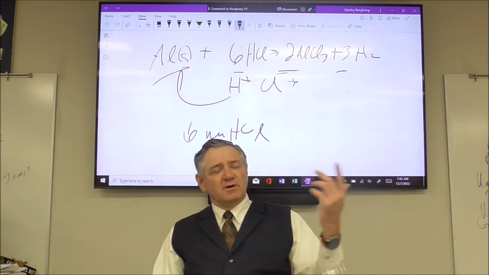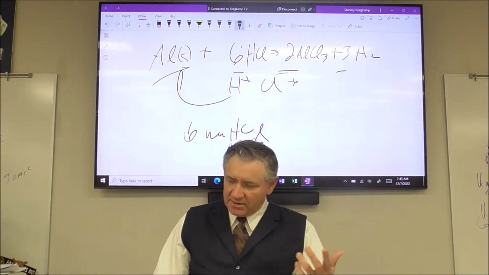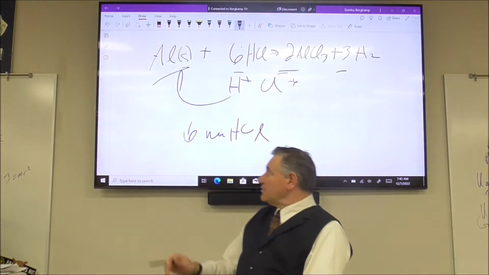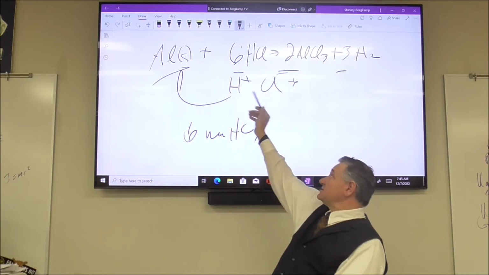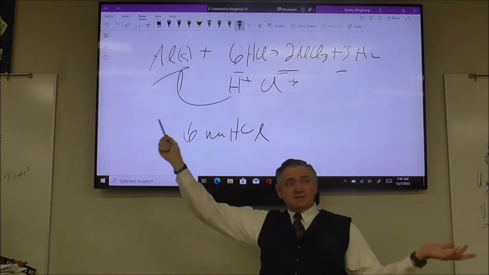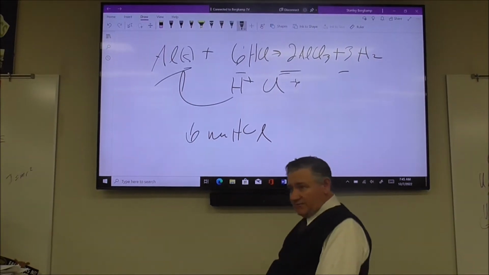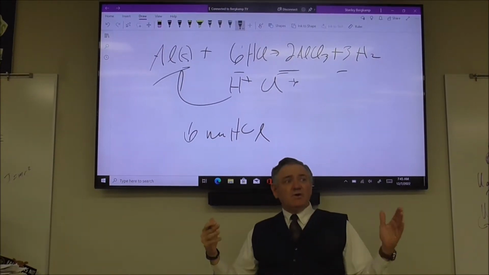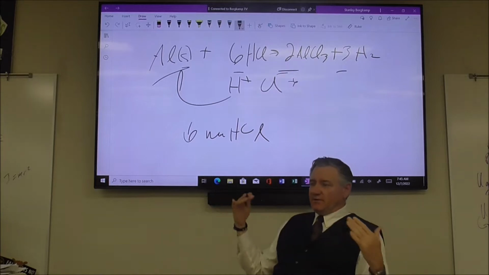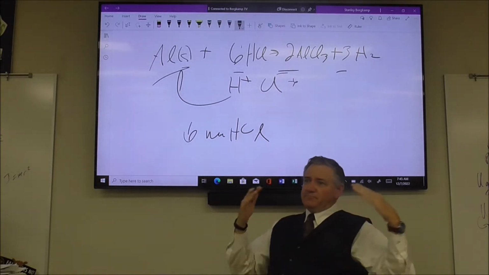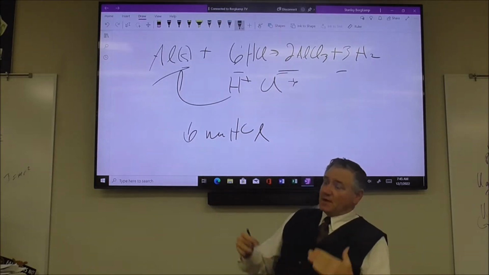Now here's a common misconception that I want you to get out of your minds. My coefficients on the left side, if you add those together, you get 7, okay? If I add them together on the right side, I get 5, okay? So I don't balance with the sum of the coefficients. What I would balance with is the sum of the masses.